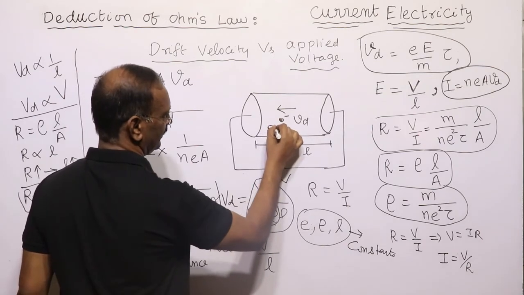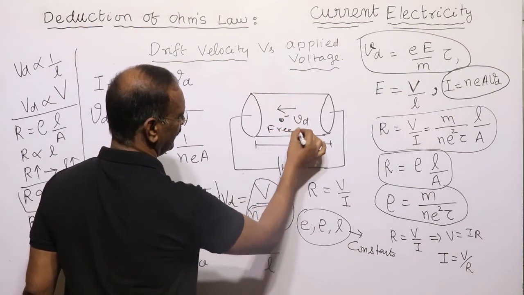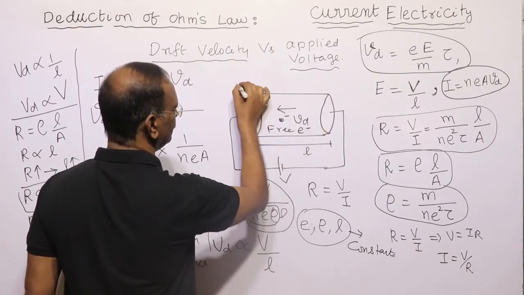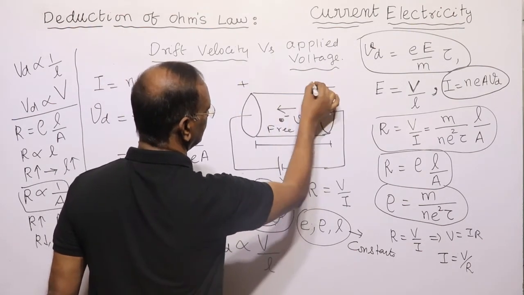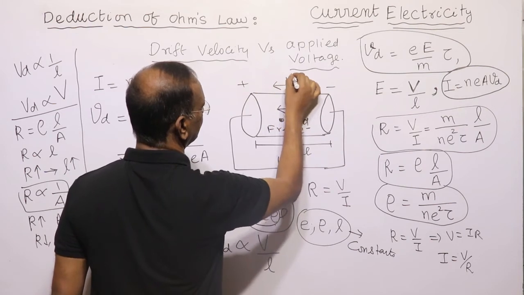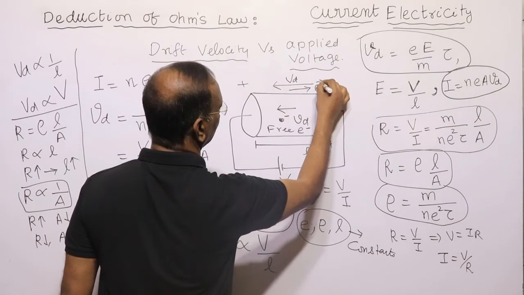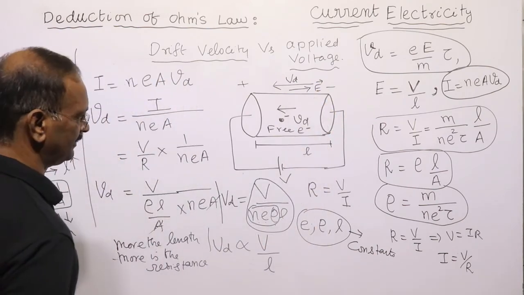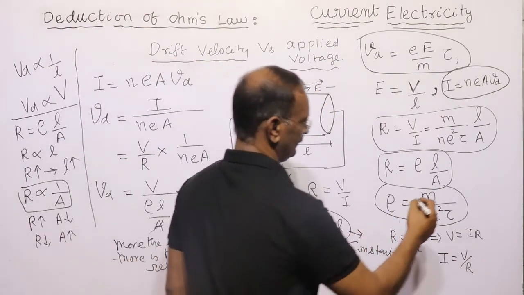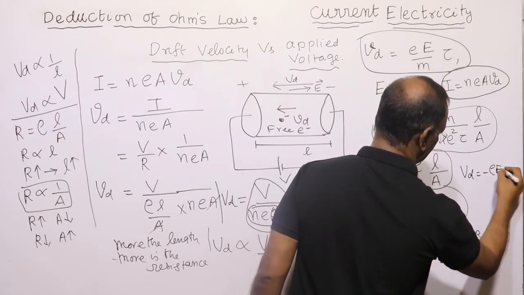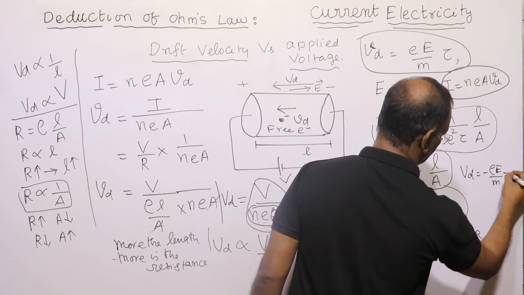These are free electrons which are drifting from positive to negative. This is the direction of drift velocity, and this is the direction of the applied electric field. In the expression for drift velocity, Vd is equal to minus E by m into tau.